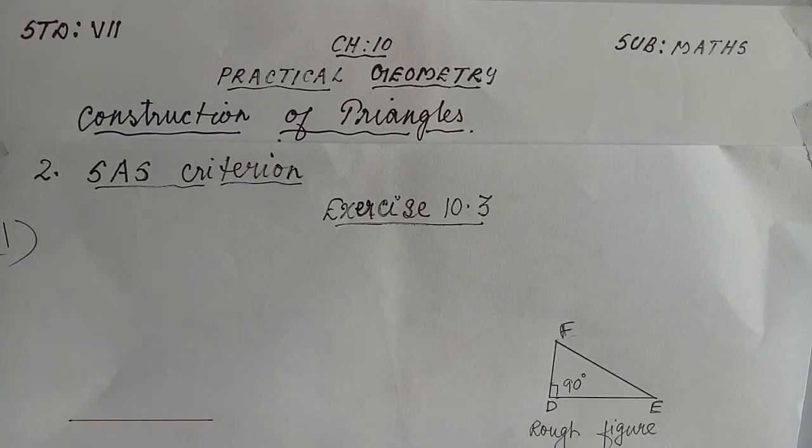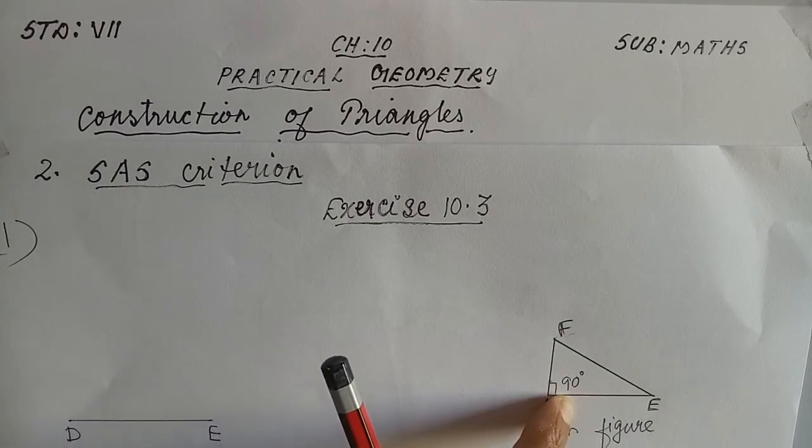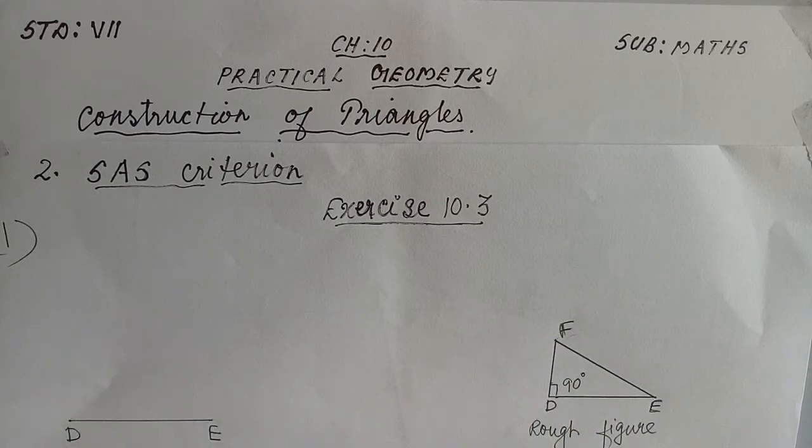Now next, at the point D, construct a perpendicular, because here it is 90 degree. You can construct the angle 90 degree using a protractor also, but here we are using a compass.